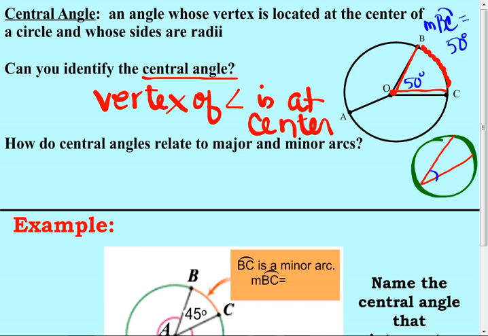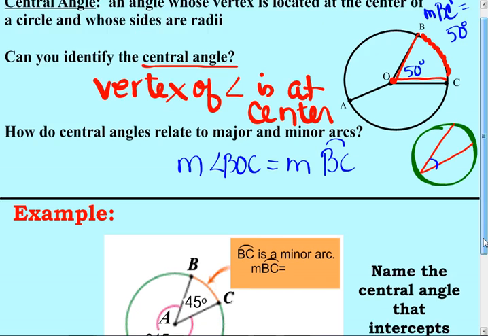It's going to be a different relationship. So the measure of angle BOC equals the measure of the arc BC. So you know we're going to be doing some problems where I'm going to give you arc measures or angle measures, and you're going to find the other ones.